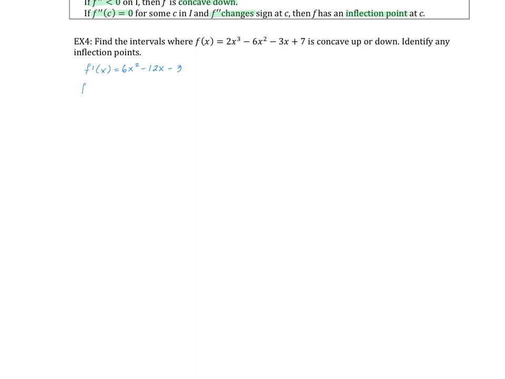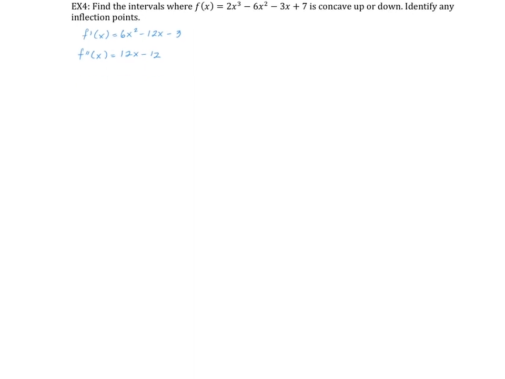The second derivative is going to be 12x minus 12. So the first thing I want to do is figure out where the second derivative is 0. So this is going to be 0 when x is equal to 1.